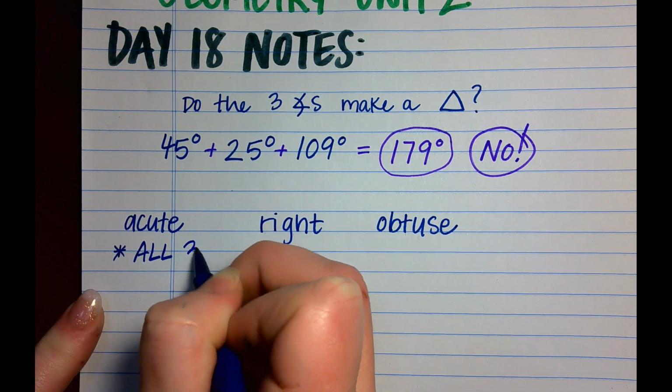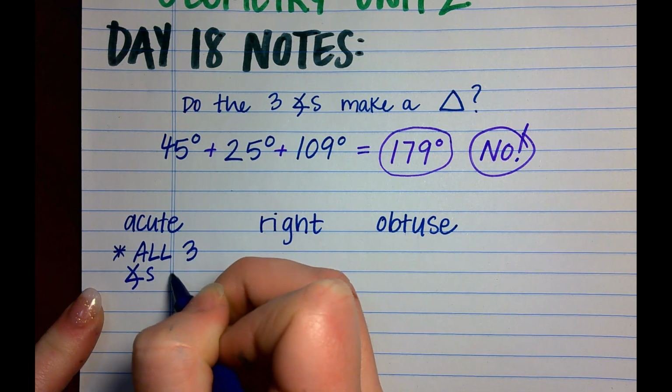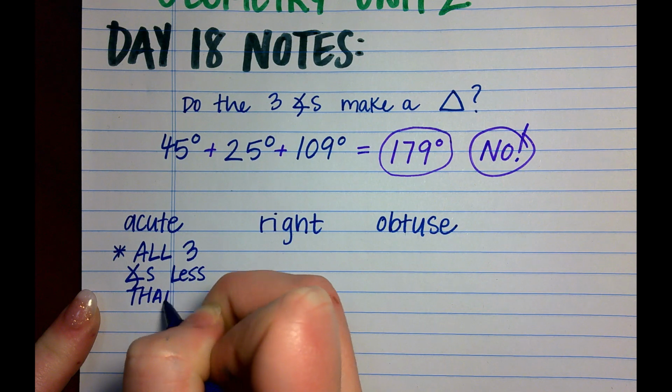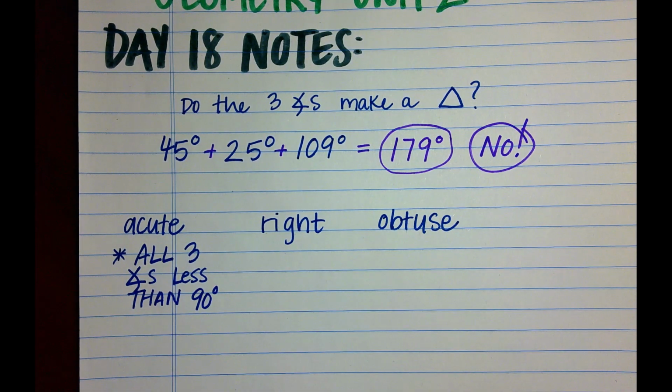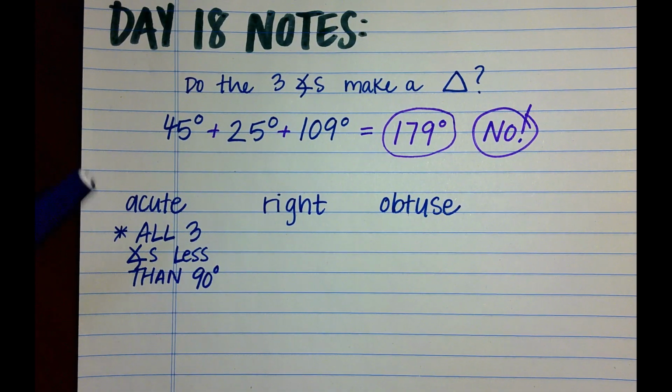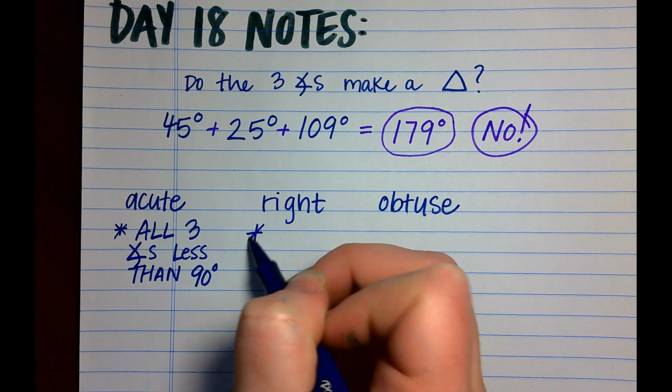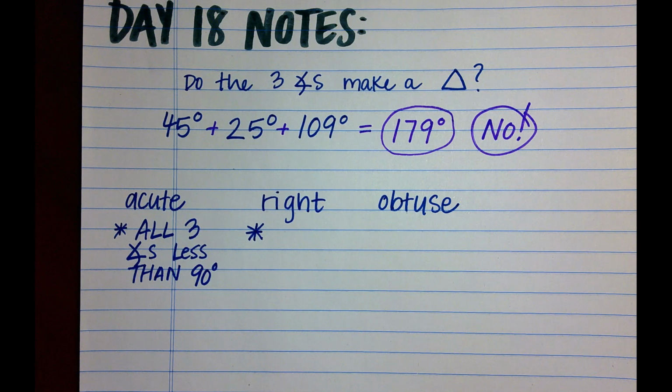All three angles less than 90 degrees. So if it's an acute triangle, we need all three of these to be less than 90. Is this an acute triangle? Nope. You guys remember what qualifies a right triangle? 90-degree angles.